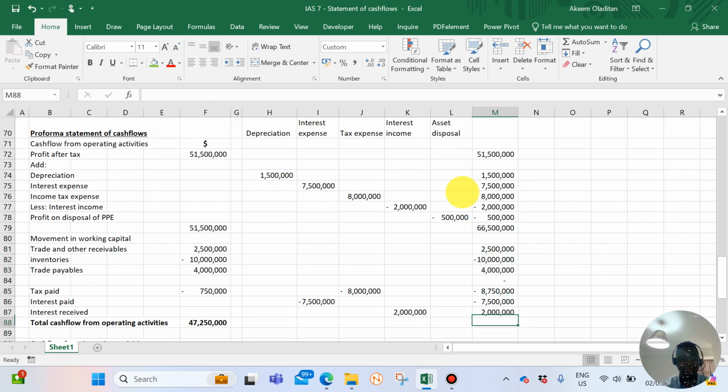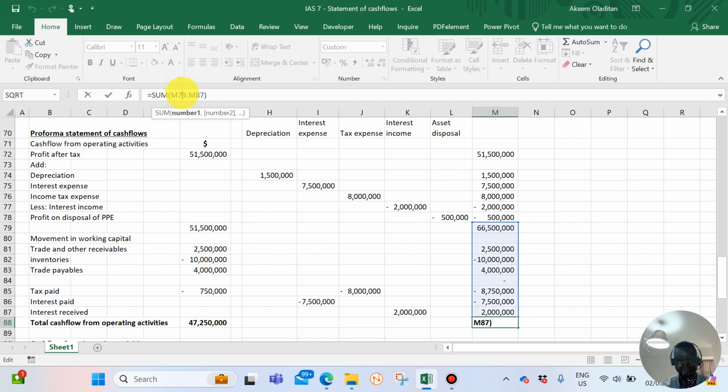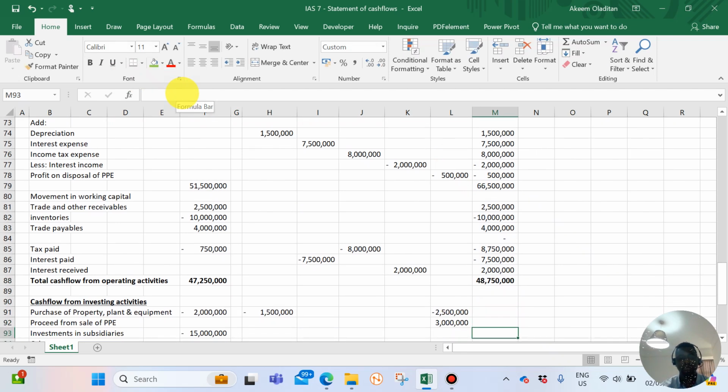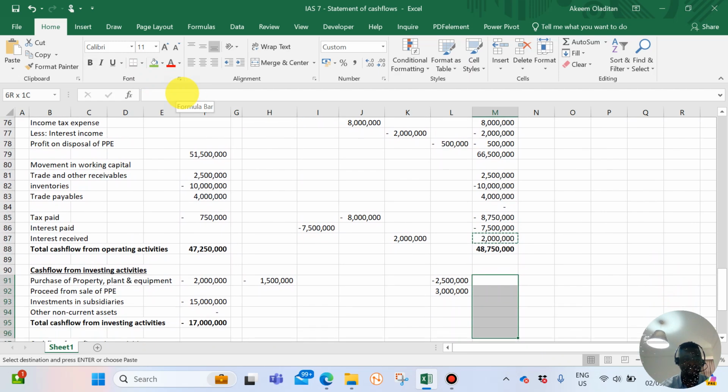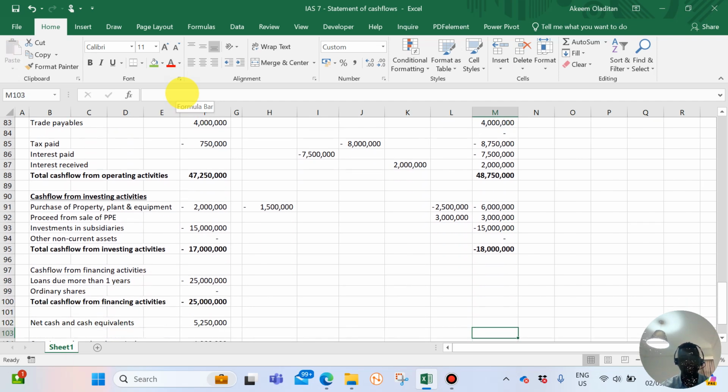So what is my total cash flow from operating activities? So let me see if the formula is still right. Yeah, it's right. So then we do the same for all of this. That is cash flow from investing activities. So what's our total? Yeah. And also for financing activities. So what's our total?